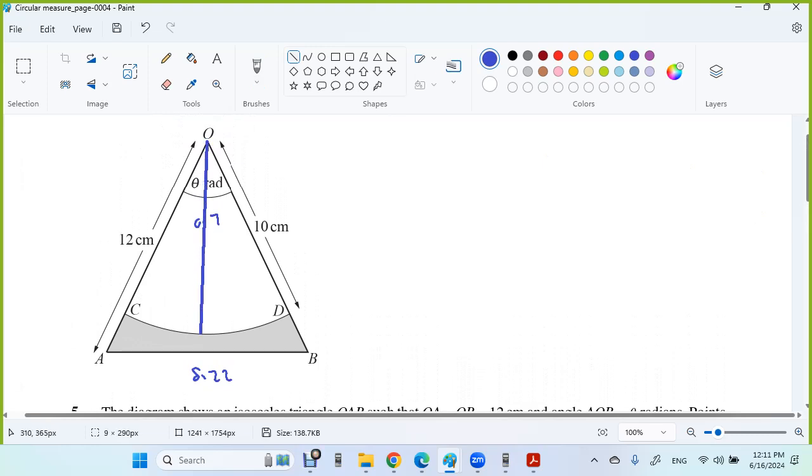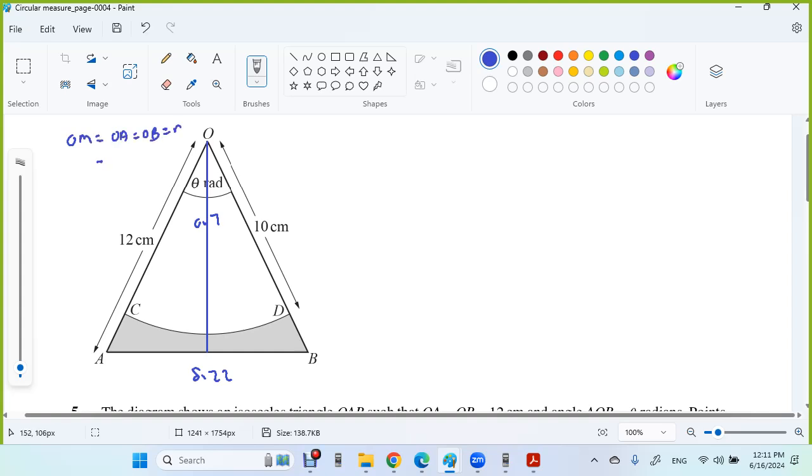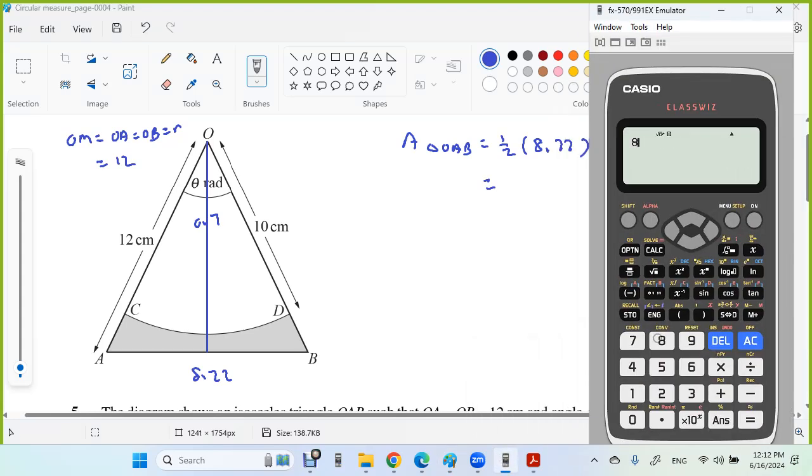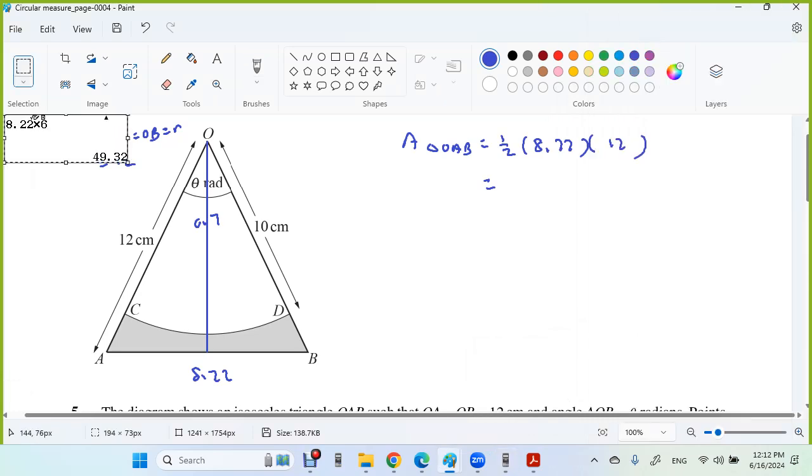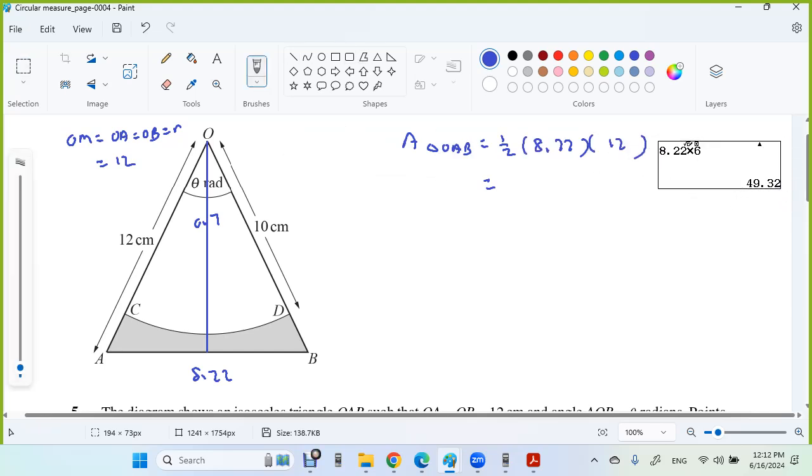And we know that OM here is 12, because OM equals OA equals OB is the radius, which is 12. So the area of triangle OAB will be half times 8.22 times 12, so it will be 8.22 times 6, which is 49.32.